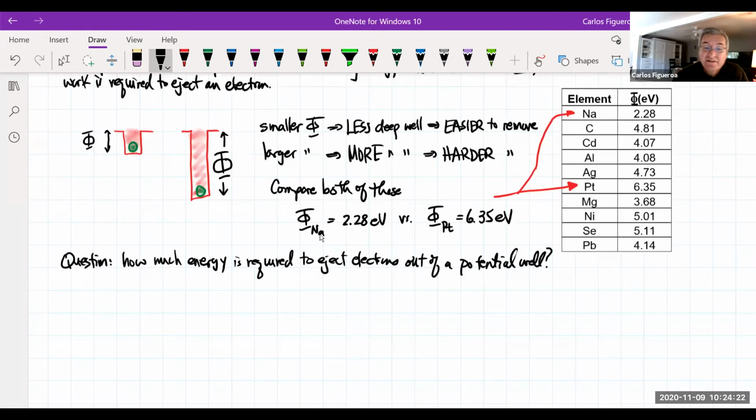And what he does here is he applies conservation of energy.